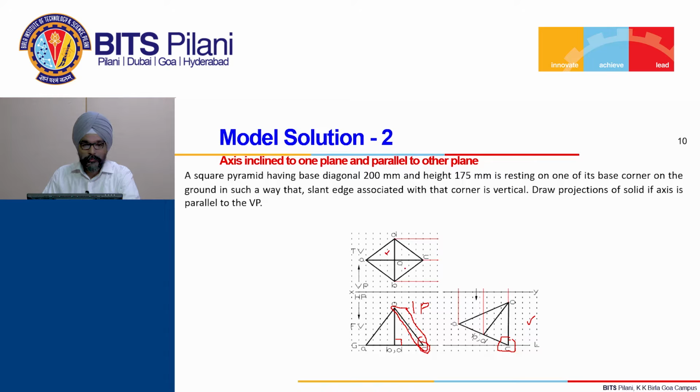What will happen if the inclination of this edge was not as much as it is shown here? If it is only this much, in that case the apex will go here, and from here the positions will be shown like this.